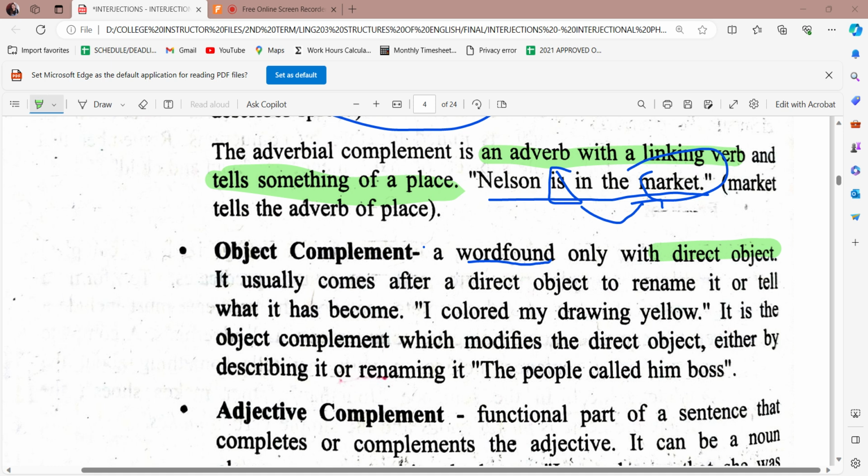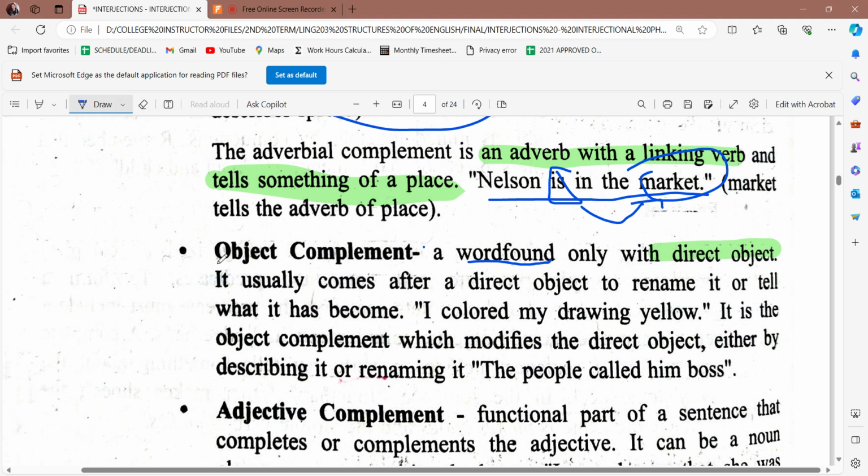All right. So the object complement usually comes after a direct object to rename it or tell what it has become, or it tells us about the direct object. Okay.